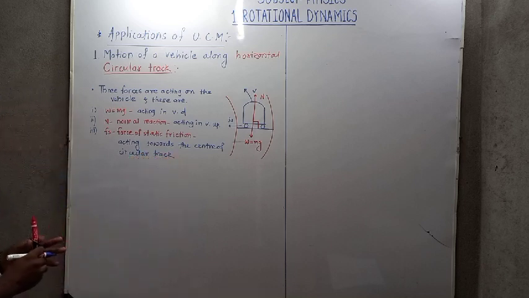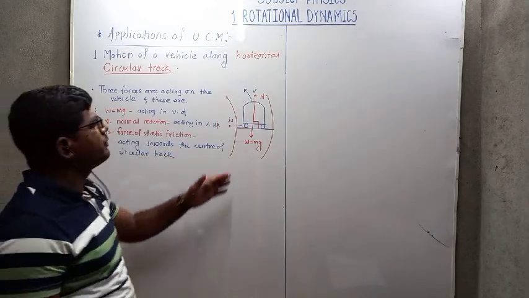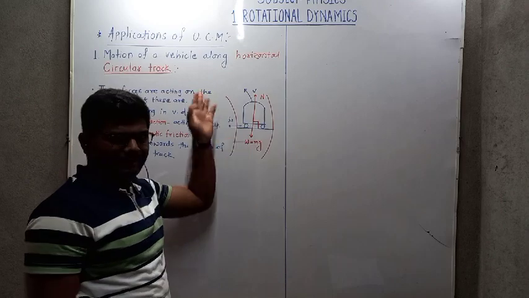These are the various forces acting on the vehicle when it is moving along a horizontal circular track.